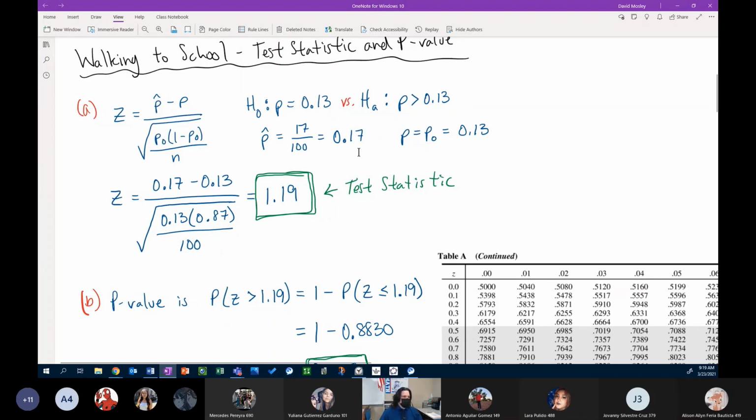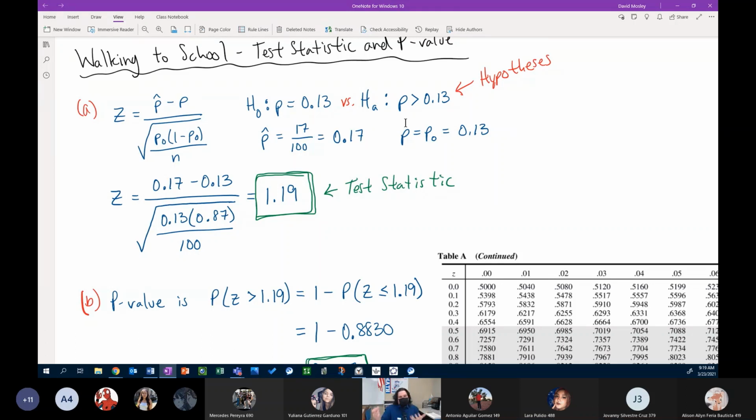I also recorded what my hypotheses were, which we have here. We have that little "versus" to say we're testing these two things against each other. The null hypothesis is that the proportion is 0.13. The alternative is that it's greater than 0.13.